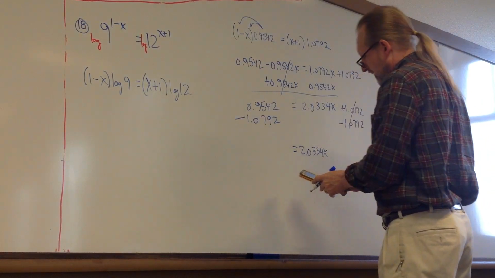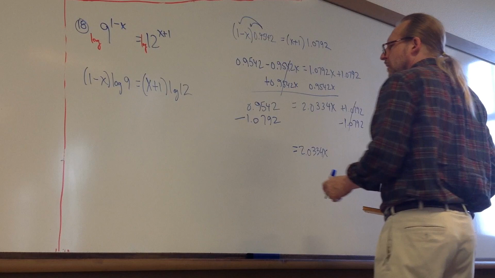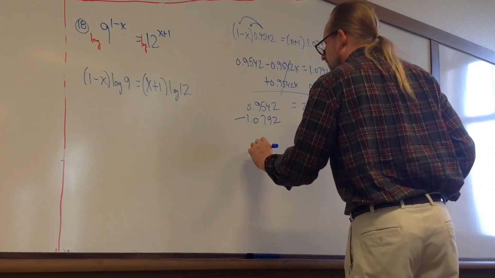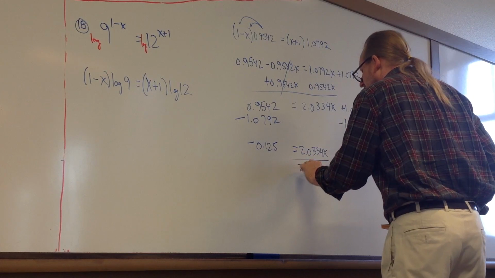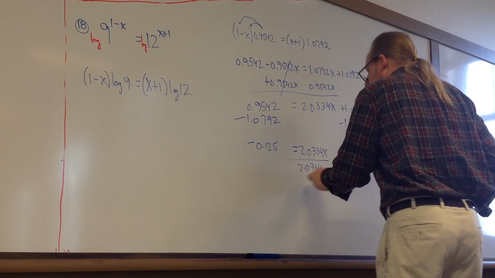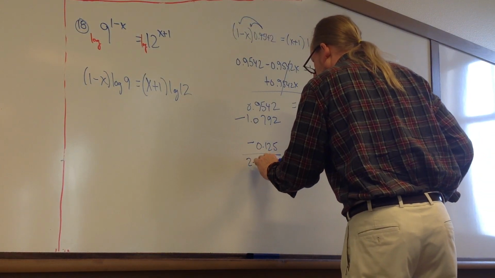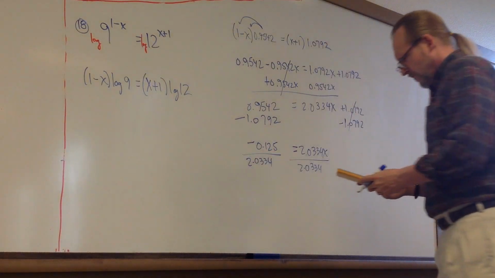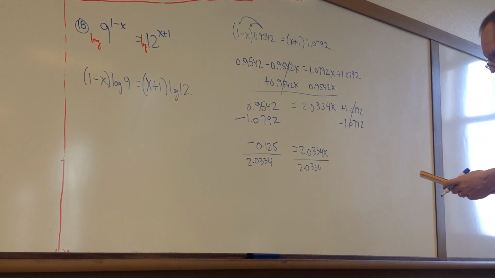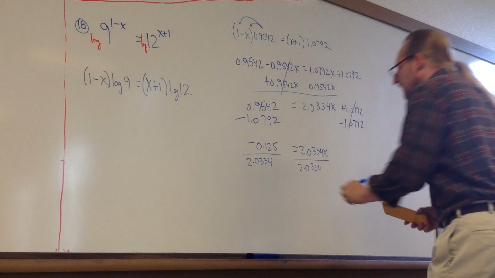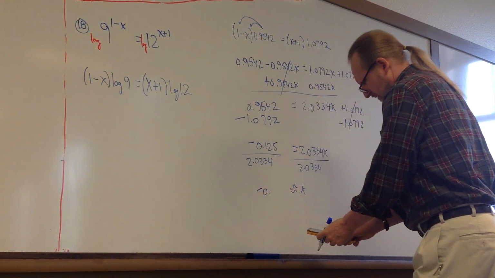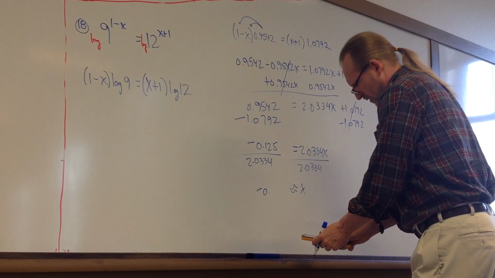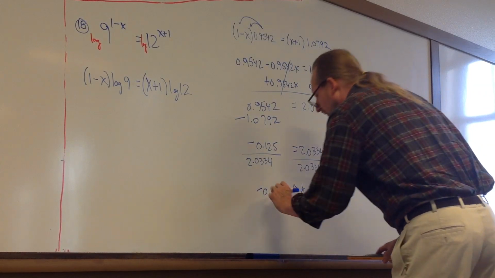Okay, so over here we're going to get negative 0.125, and then divide on both sides by 2.0334. And we get x should be approximately negative 0.061.